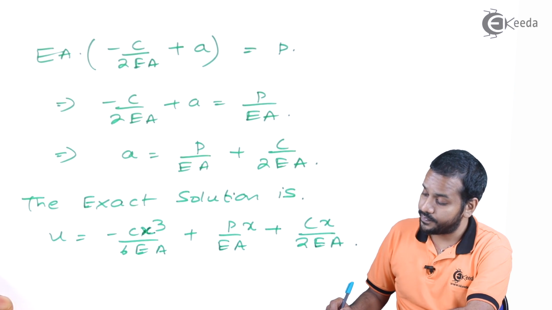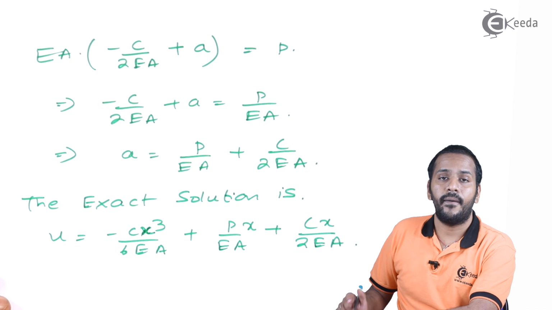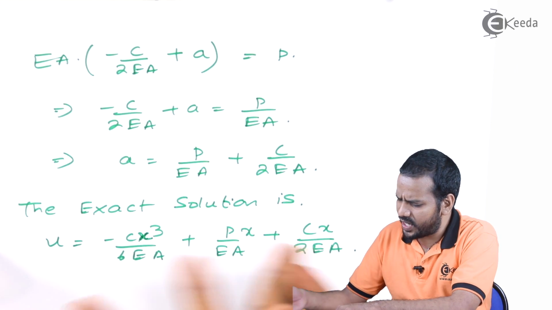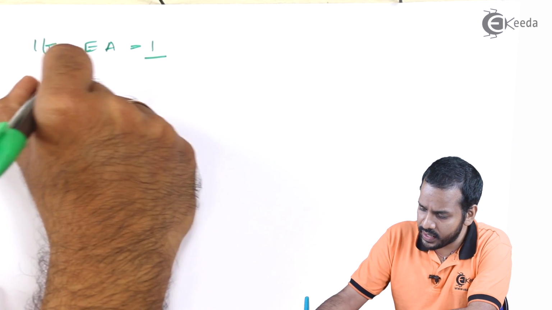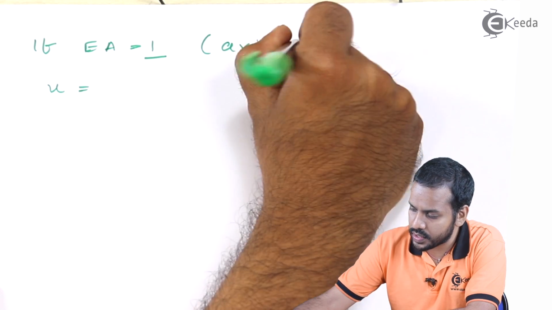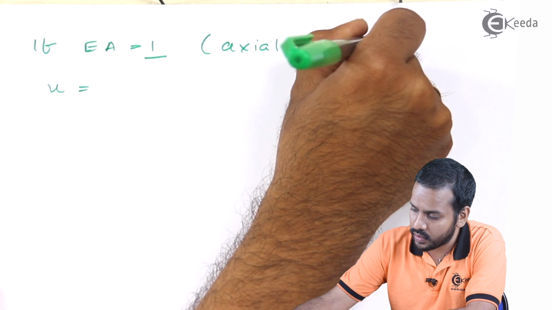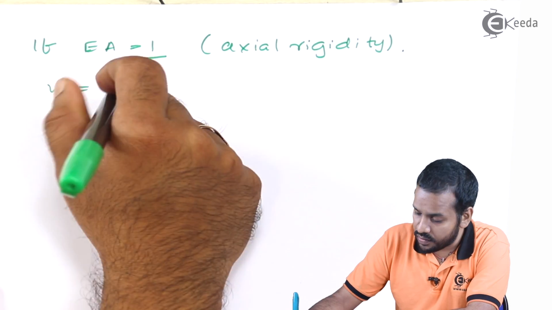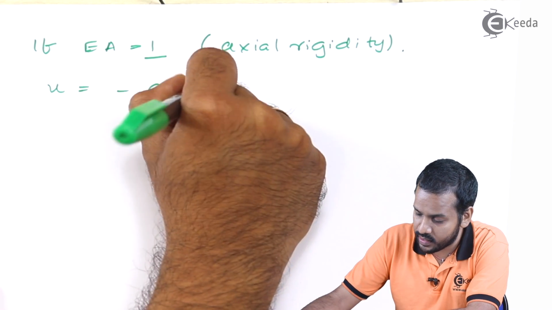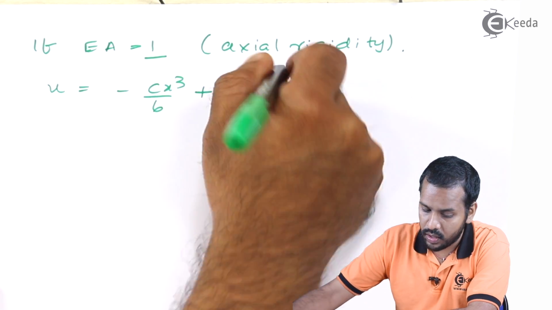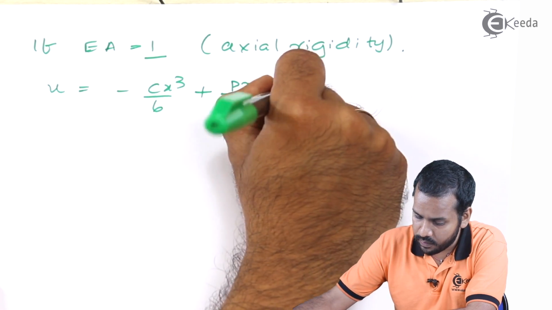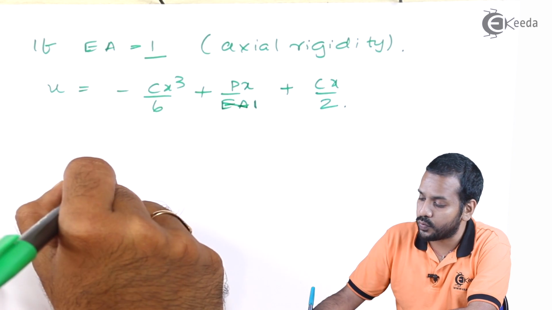Agree? So this is our displacement, the exact displacement. So you can make some more assumptions basically. If EA is equal to 1, so there is another name for this EA. This is called axial rigidity. So U is written as minus cx cube by 6 plus px by 1 plus cx by 2.